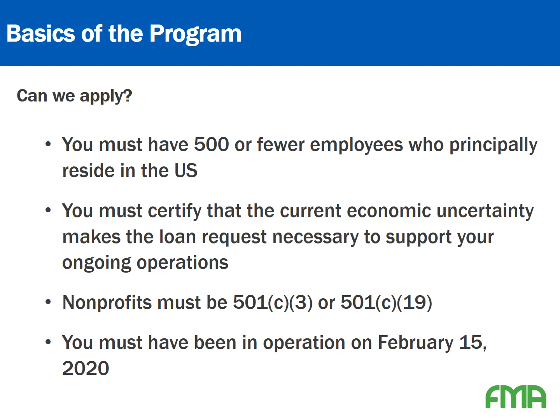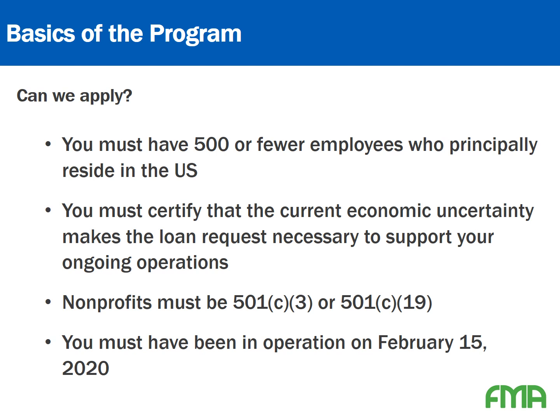The first question is, can you as a nonprofit apply? There are a few simple rules. You need to have 500 or fewer employees who principally reside in the United States. This is a standard Small Business Administration requirement.